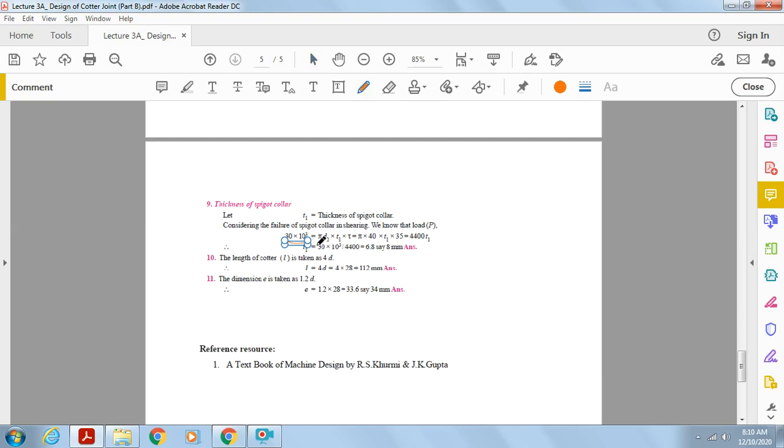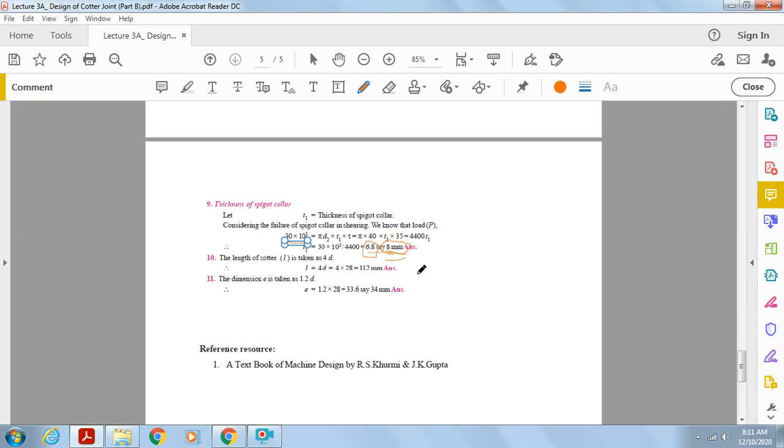The area is pi D2 into T1, multiplied by tau. Putting the value of D2 as 40 and tau equal to 35, the T1 value comes to 6.8 millimeter. The nearest standard value is 8 millimeter, so we can consider the thickness of the spigot collar as 8 millimeter.